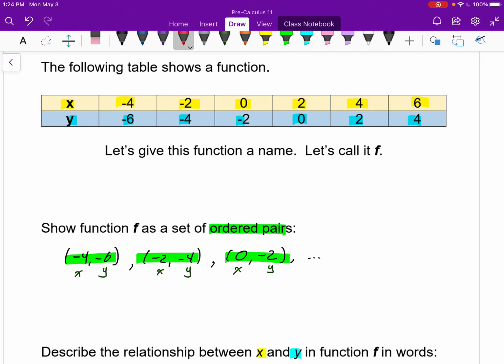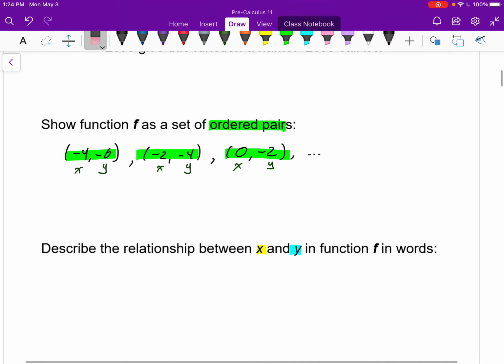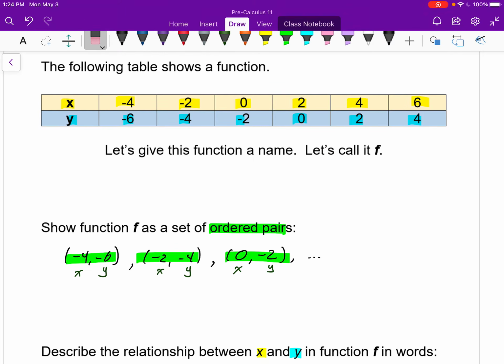If I look at it this way, and I just go, I'm going up by 2, okay, but that's not telling me the relationship from x to y. That's telling me what happens as I look from left to right. But again, if I want to describe the relationship from x to y in words, I need to find some sort of pattern, some sort of consistent formula about what happens as I go from here to here.